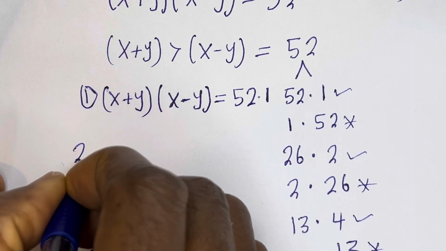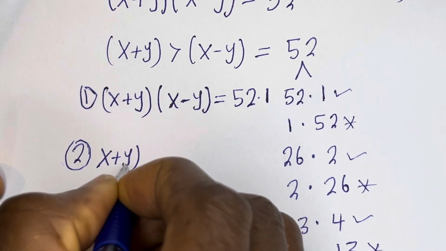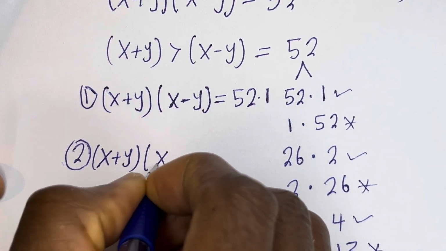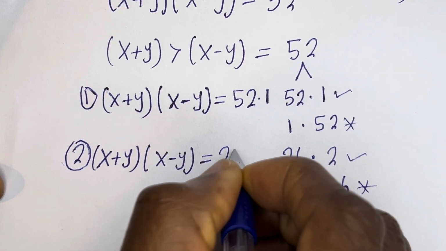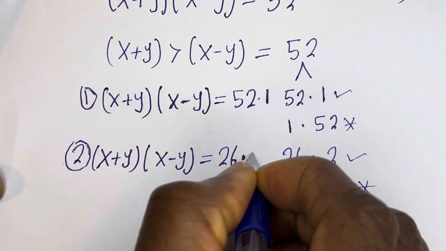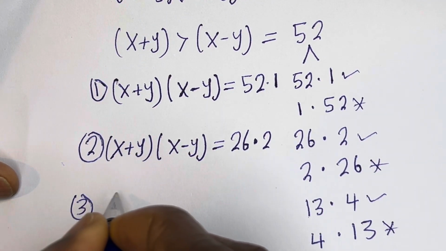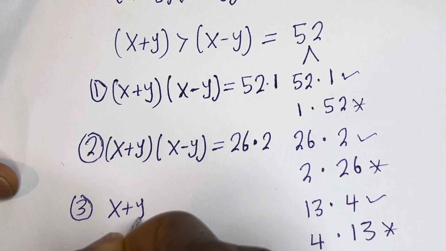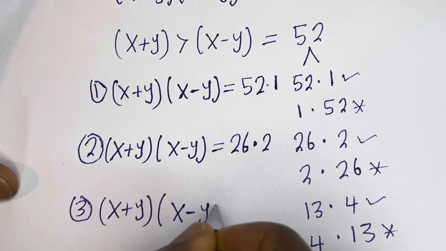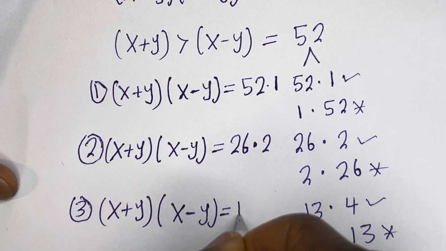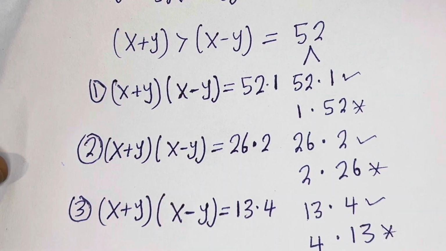Then the second one, (x plus y)(x minus y) is equal to 26 multiplied by 2. Third case, (x plus y)(x minus y) is equal to 13 multiplied by 4. Now let's solve.